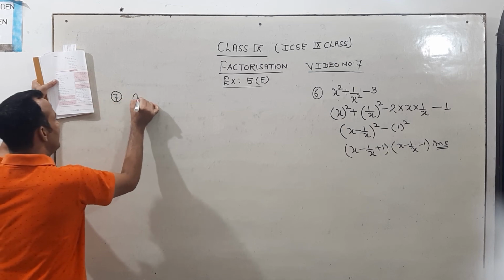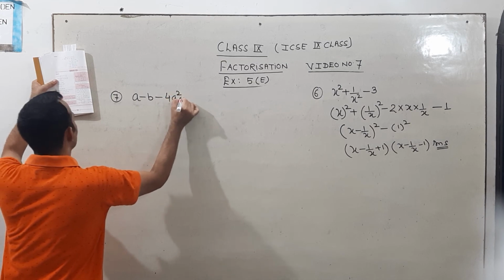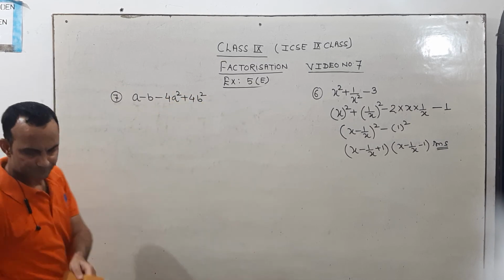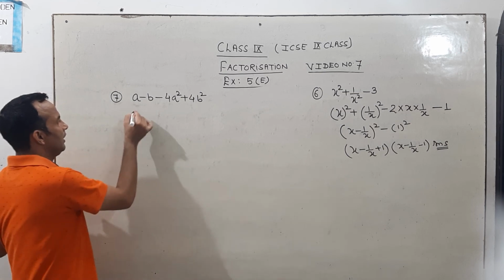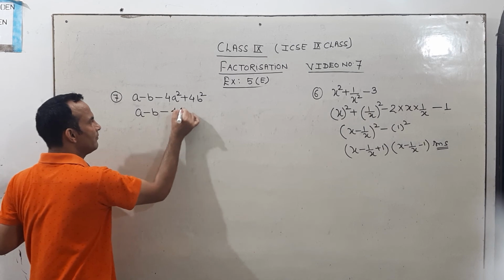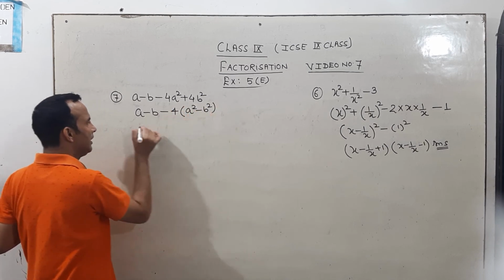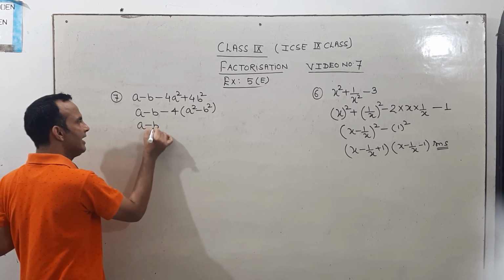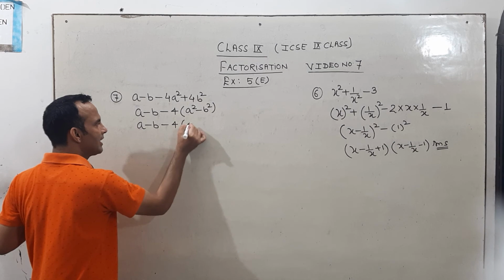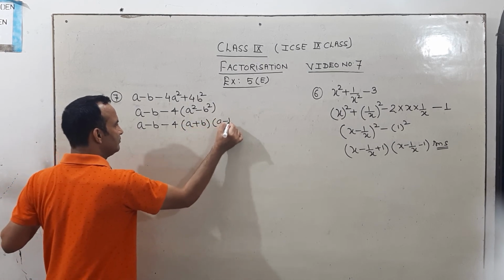a minus b minus 4a square plus 4b square. a minus b, taking common minus 4, we obtain a square minus b square. Dear student, in the next step we can write minus 4 times of the identity a square minus b square can be written as a plus b, a minus b.